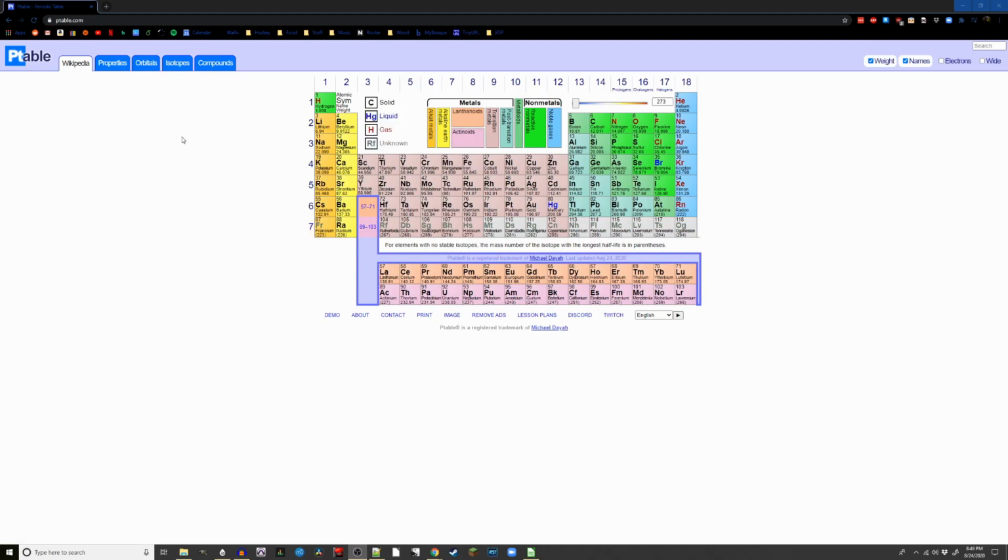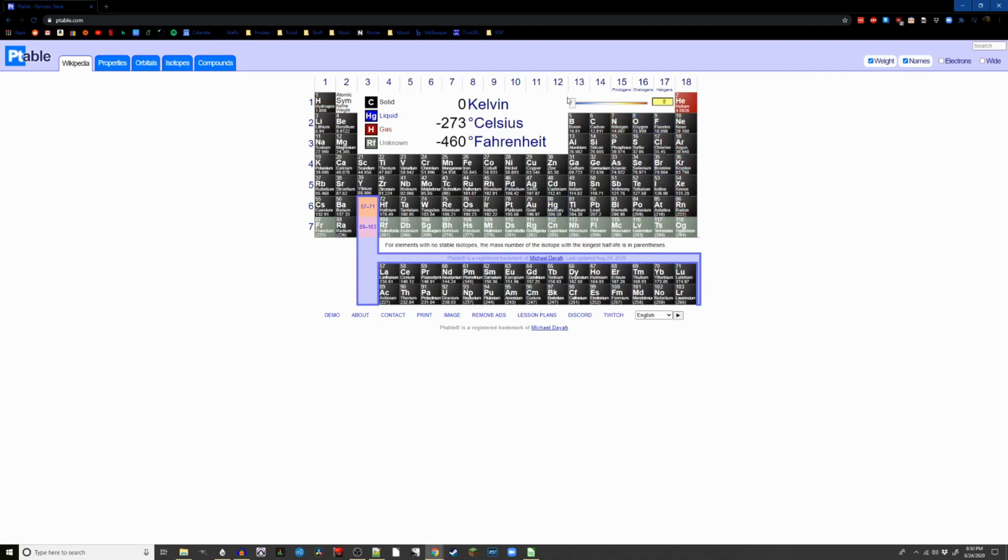Okay, there's a heck of a lot more information we can get out of this table, though. Aside from the different groups or types of elements we have, we can look at the state of each element at different temperatures. So I think black here is solid, blue is liquid, red is gas, and the grayed out ones are unknown, probably because they're too radioactive to actually measure in a lab.